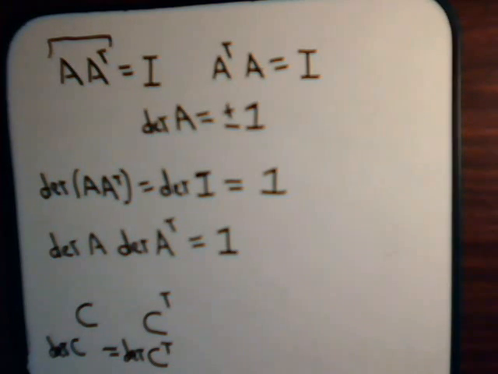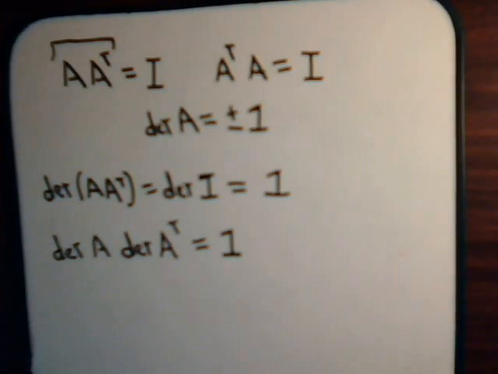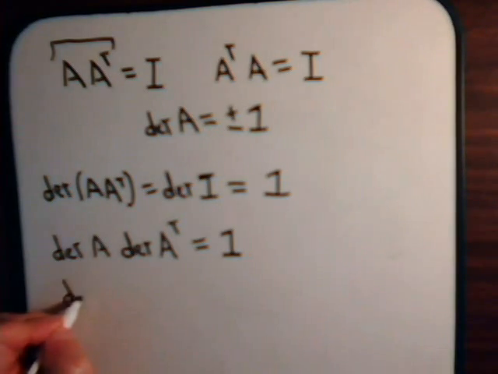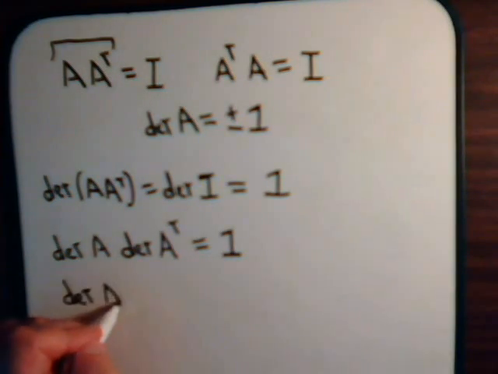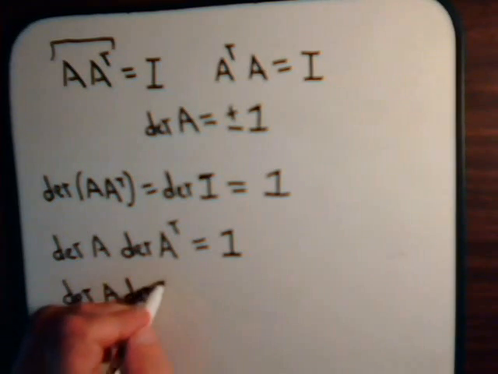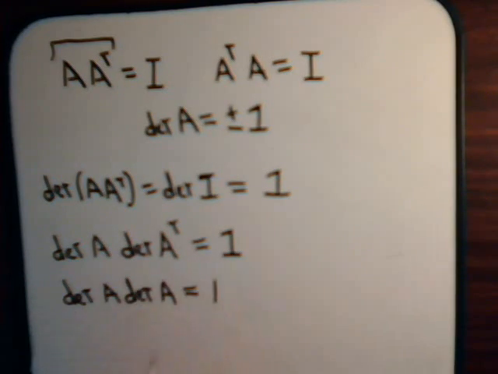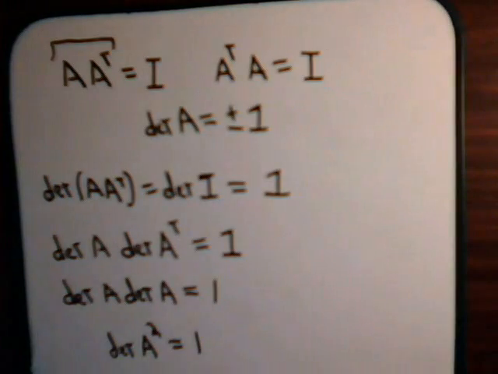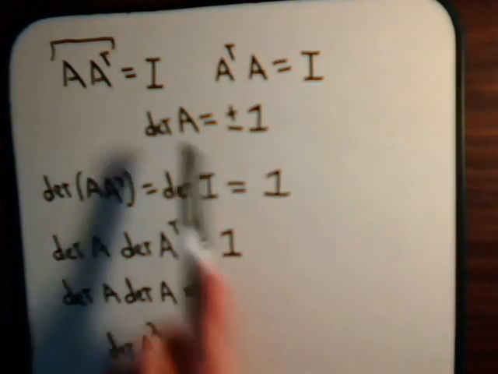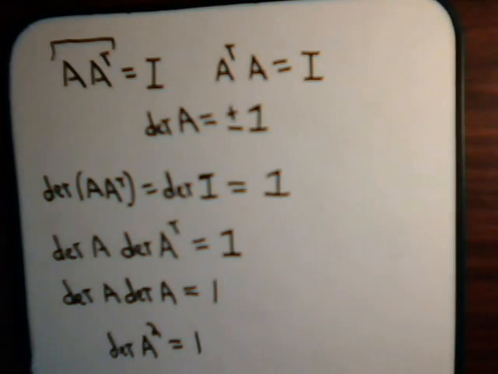So up here, this is equal to the determinant of A, so we have the determinant of A times the determinant of A equals 1, or the determinant of A squared equals 1, so the determinant of A is plus or minus 1, as we set up here. So that's pretty straightforward to show.